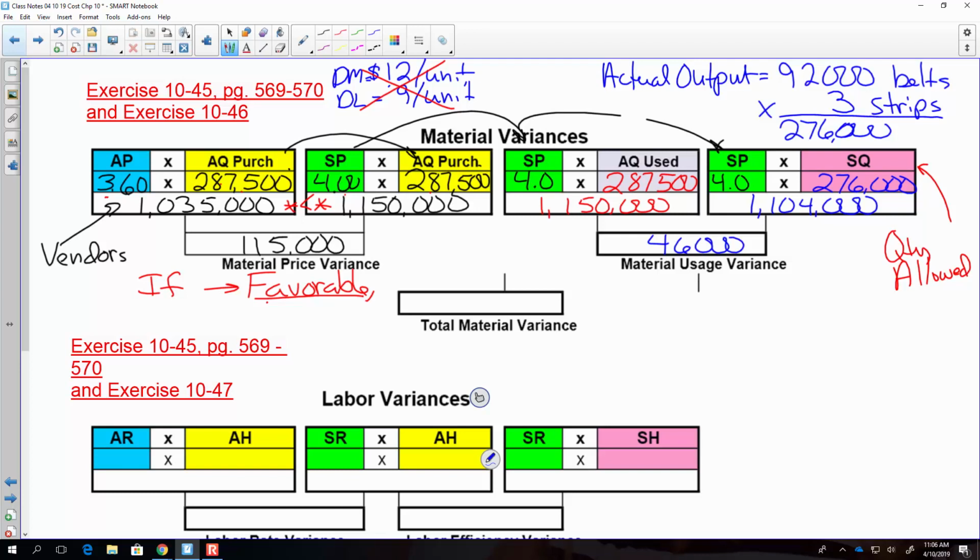So now I'm looking at what's called material usage variance. Is it favorable or unfavorable in usage? Did I use more than I thought, or did I use less? We used more, right? So that means unfavorable. Unfavorable. Excellent.